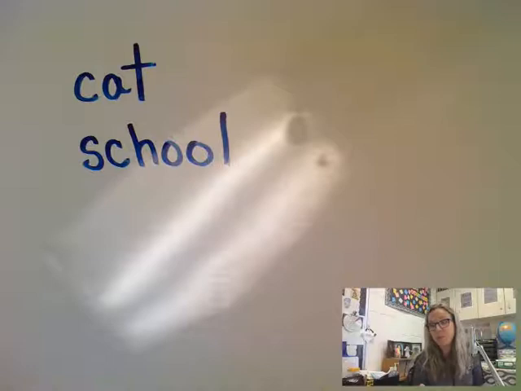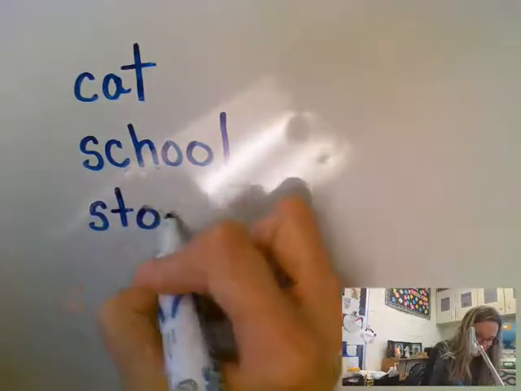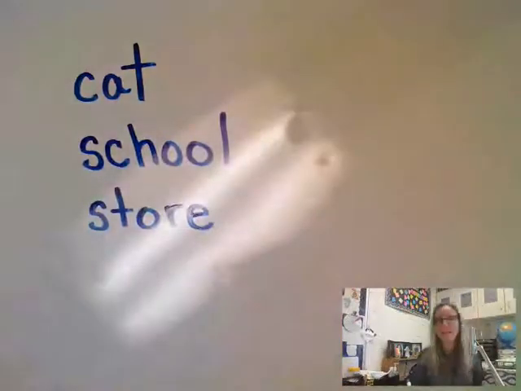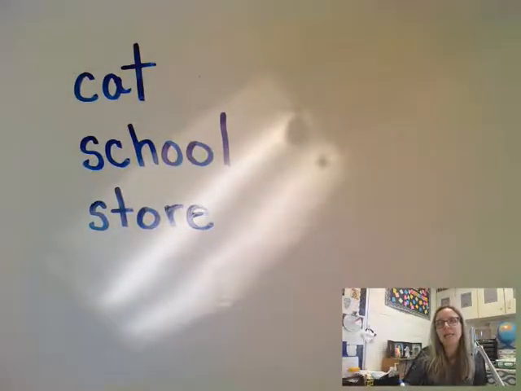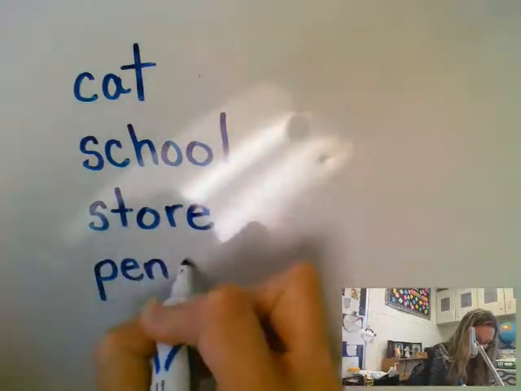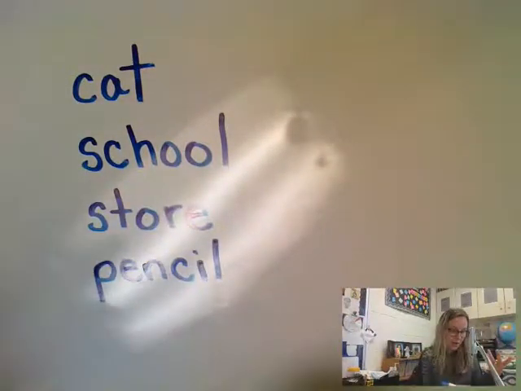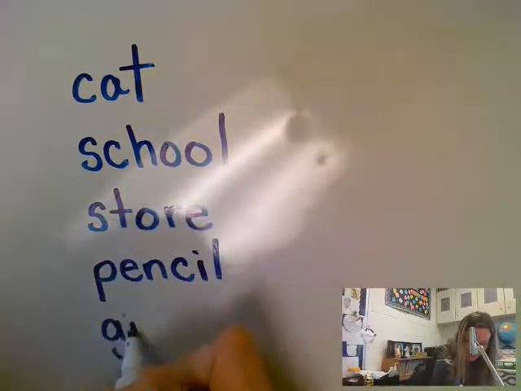I had to run to the store yesterday. The store is a place. That is a common noun. And the pencil I'm writing with is a common noun. All of these words that tell us a person, a place, an animal, or thing, the girl is a common noun.